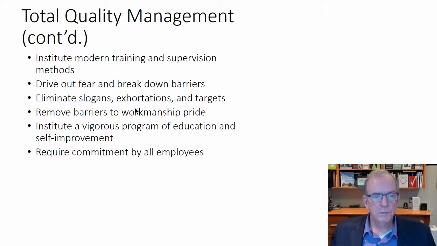Remove barriers to workmanship and pride. We want to make sure that people take pride in their work, and that there is engagement. If we have that engagement of all the workers, it's going to be a positive aspect. So that ties to modern training and supervision, a vigorous program of education that I already mentioned, and requiring commitment by all employees.